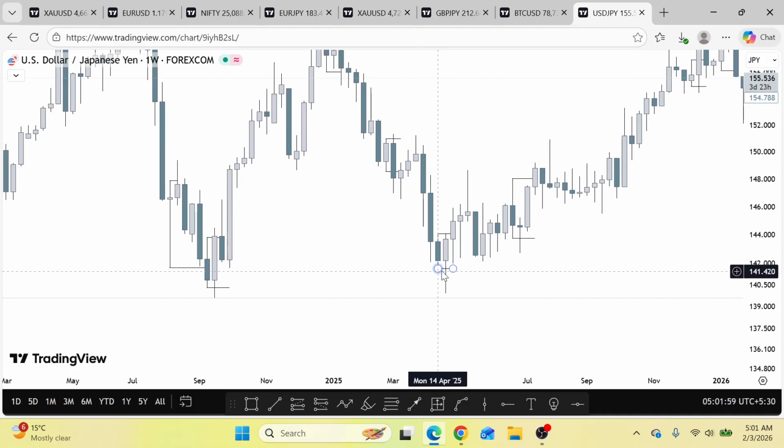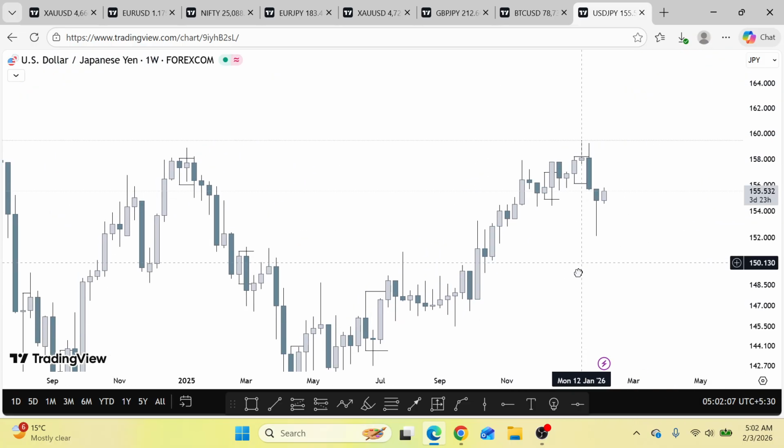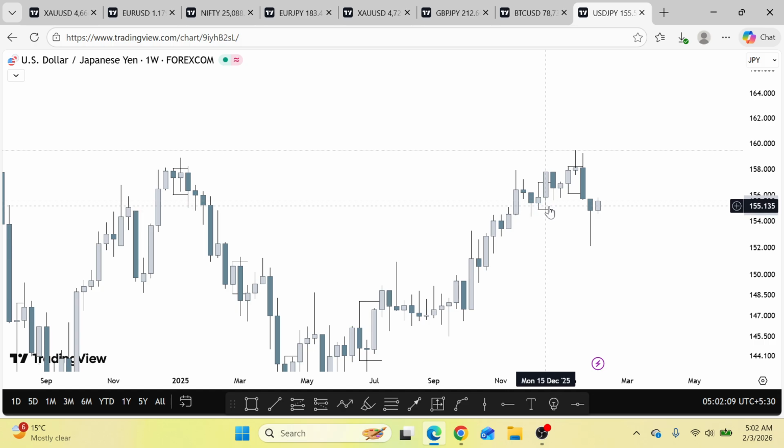Here, the same pattern: sweeping its previous candle low and going towards its high. Here you can see the same pattern, sweeping this previous candle low and running towards this previous candle high.